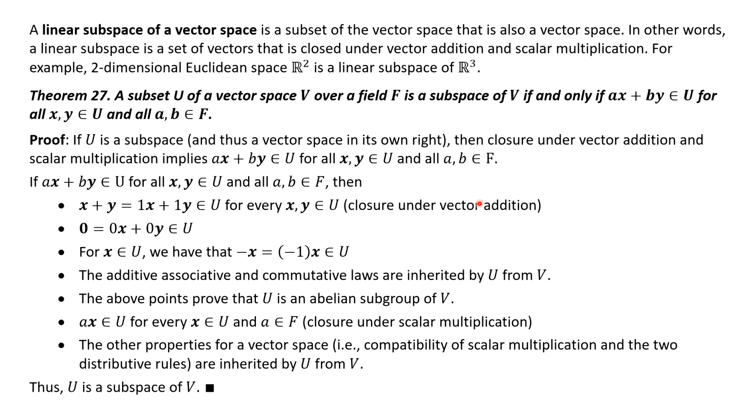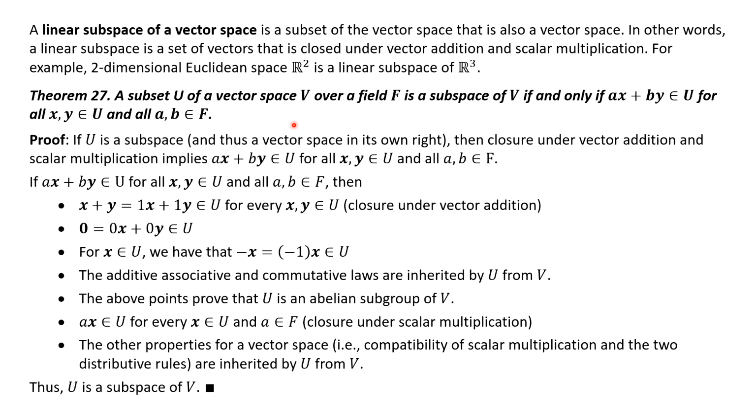You have to go in both directions. Going in this forward direction is easy. If U is a subspace, and thus a vector space in its own right, then closure under vector addition and scalar multiplication implies that ax plus by is an element of U for all x and y an element of U, and scalars a, b an element of F.